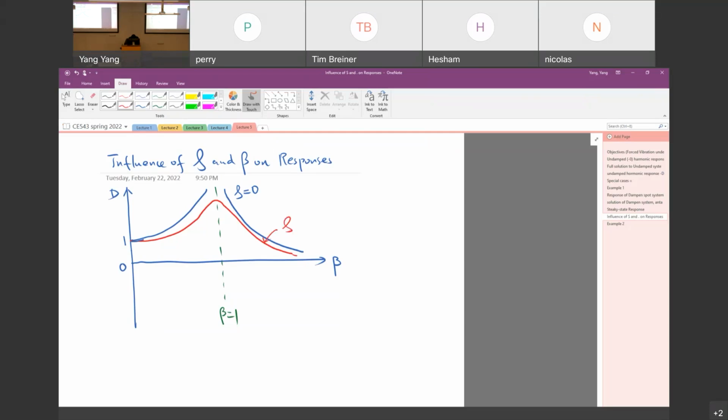This is with damping ratio 0.3, and so on. So for different damping ratios, the amplification factor varies. Actually, the shape varies.